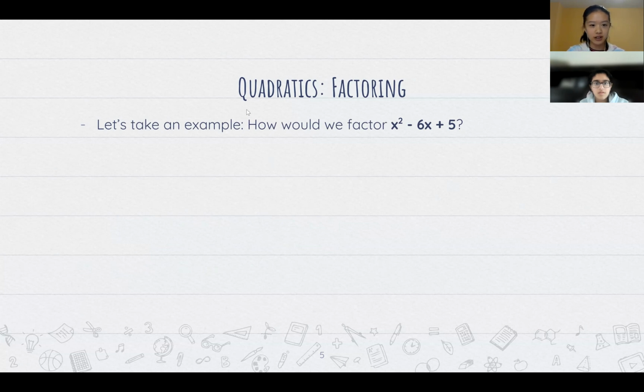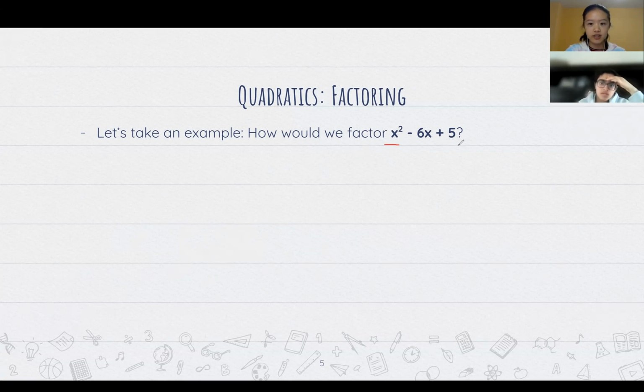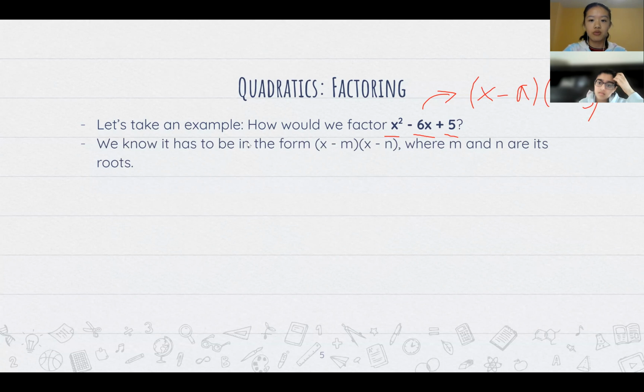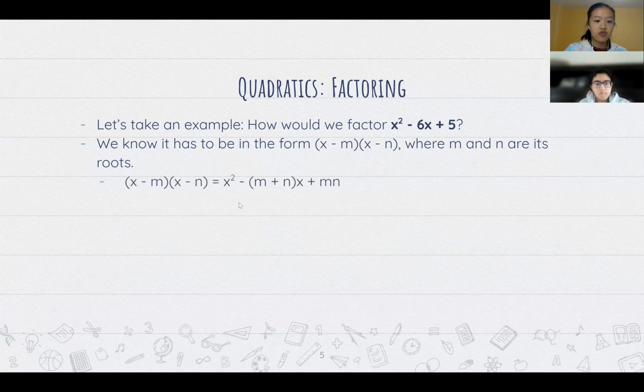Okay, as an example, how would we factor x squared minus 6x plus 5? In other words, how would we write this in the form of x minus a times x minus b? Or you can use other variables for that. So we know it has to be in this form where m and n are its roots. What we can do is expand this.